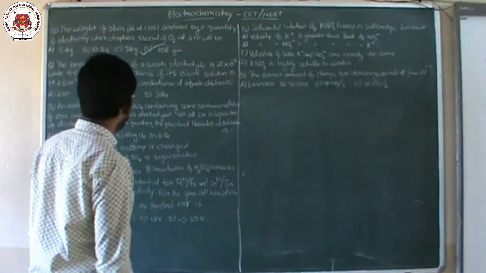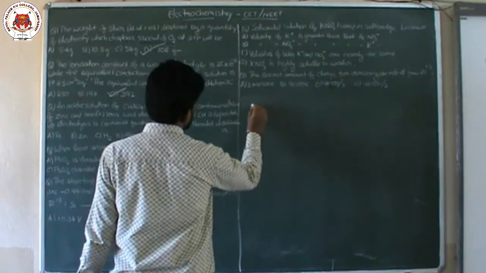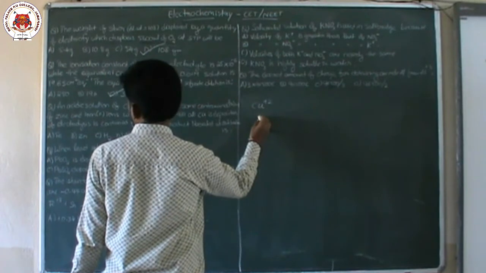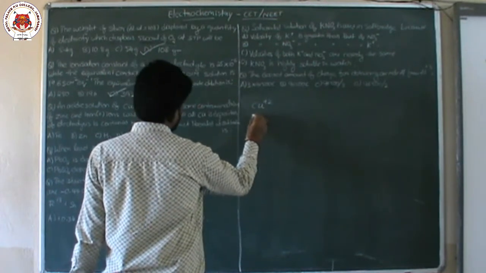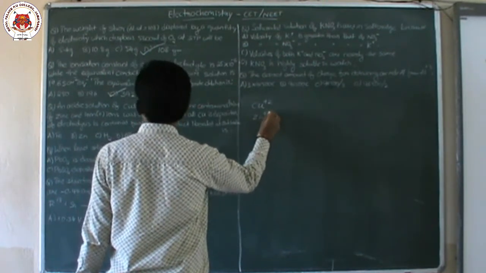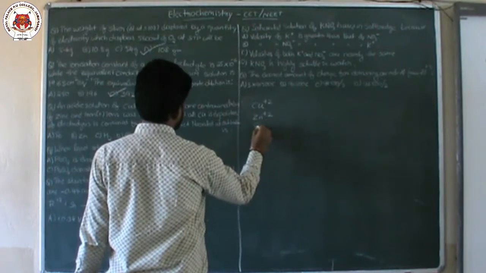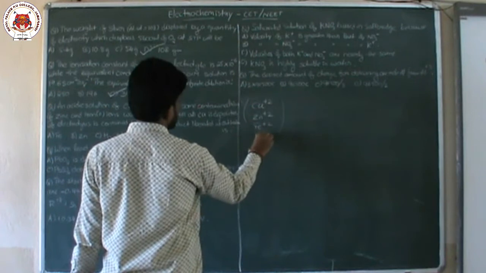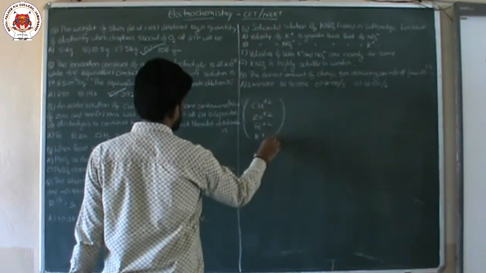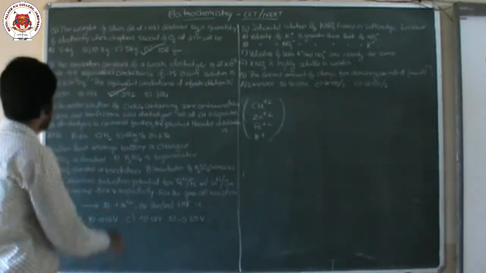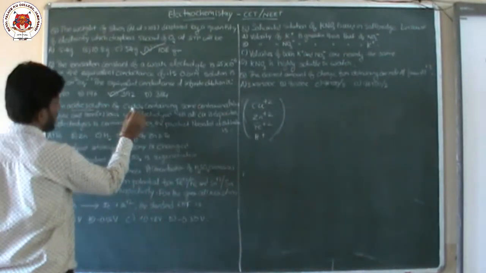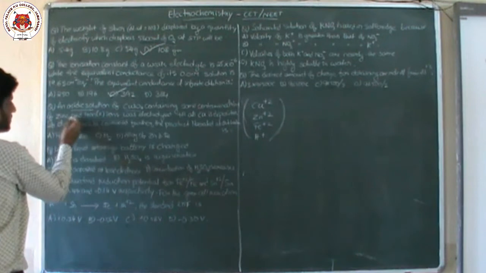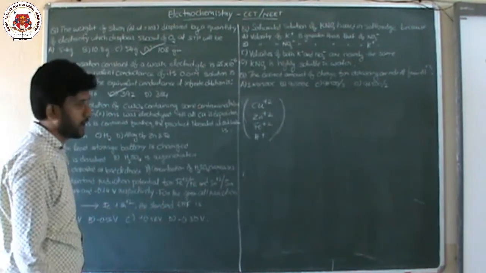What they are saying is, in the solution of copper sulfate, copper plus 2 is there, zinc plus 2 is there, iron plus 2 is there. In acidic solution, H plus is also there. So all four are there.